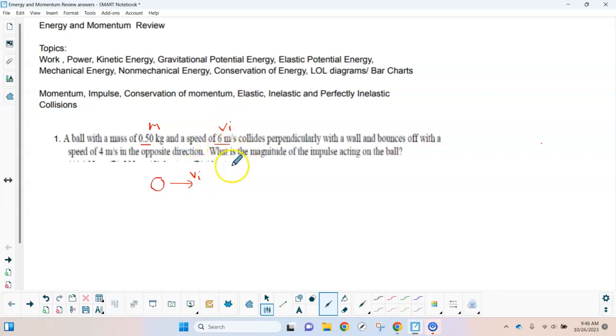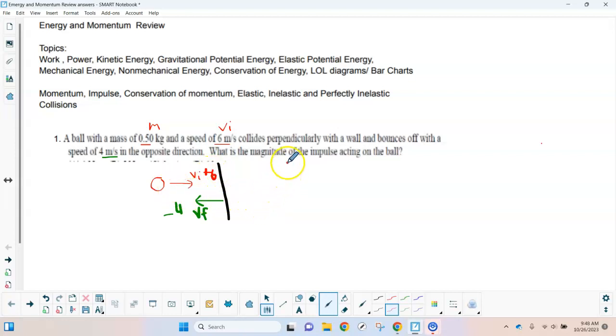And then it hits a wall and bounces back off the wall at a final velocity of 4 meters per second in the opposite direction. So this would be a -4 meters per second, and this was a +6, just to make sure that we understand that.